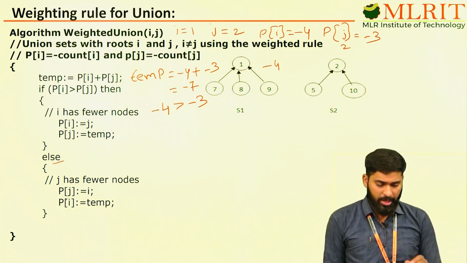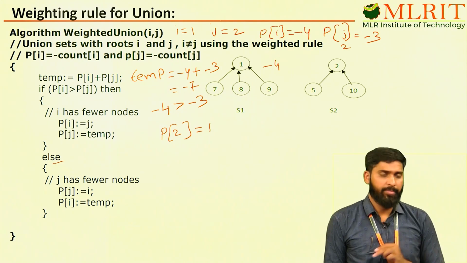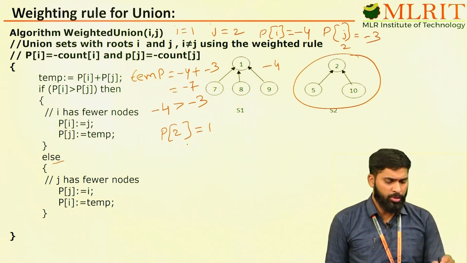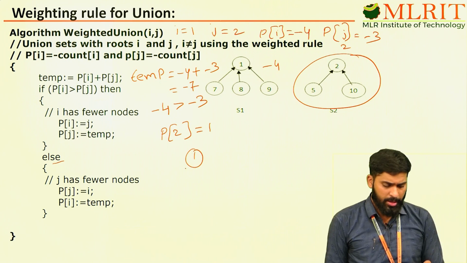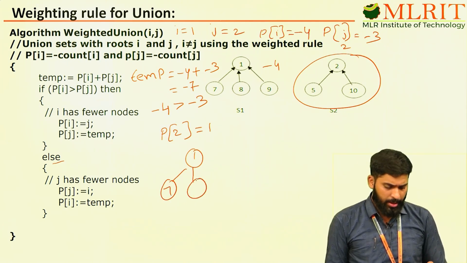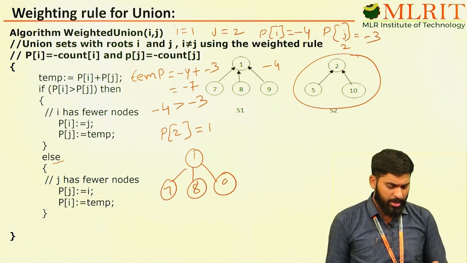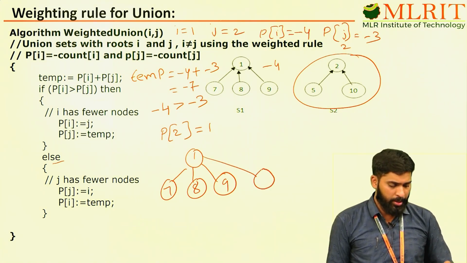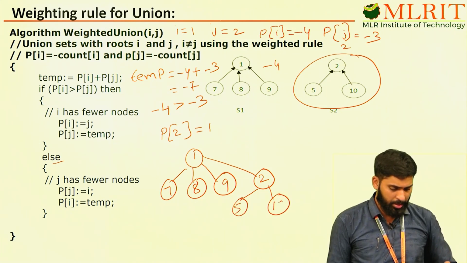Now parent of 2 equals I, that means 1. So now I make this 1 the parent of 2. So this is the resultant tree.